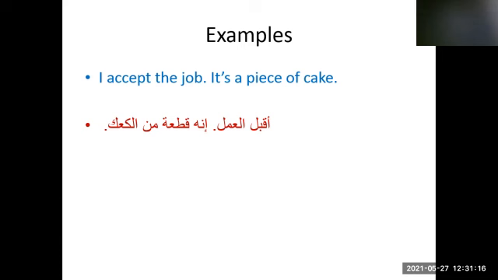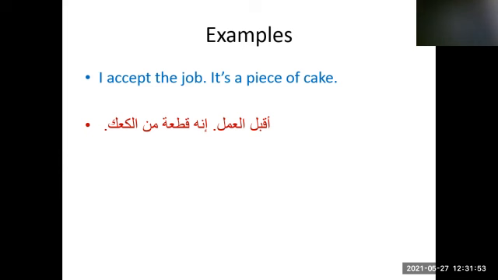If you read it in Arabic, well, you understand the first half of the sentence. أقبل العمل, I accept the job. What about this second part? قطعة من الكعك. This is funny. So we have to understand while translating that in English culture, when they say it's a piece of cake, it means سهل أمر بسيط للغاية. إذن سأقبل العمل لأنه بسيط للغاية أو سهل للغاية.